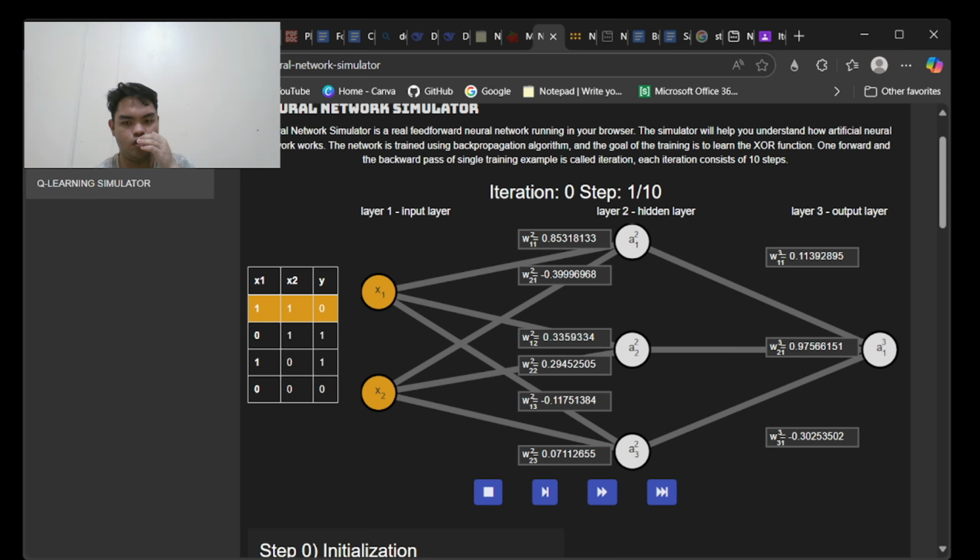So the final result, as you can see, is very close to 0, at 0.11, which is closest to 0. So that is the correct answer for the exclusive OR of input 1 and 1.